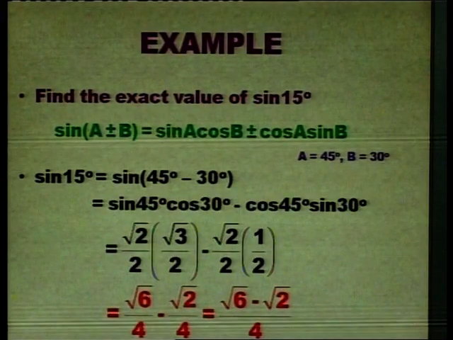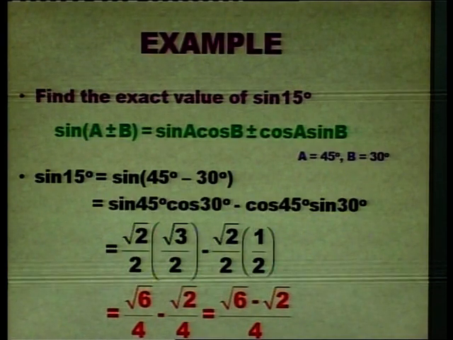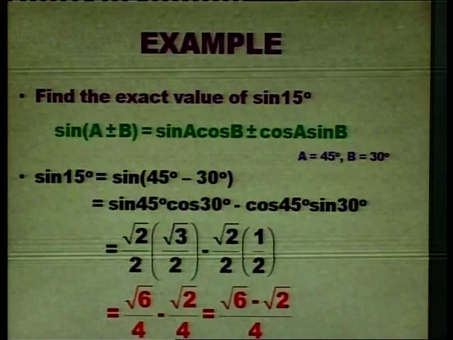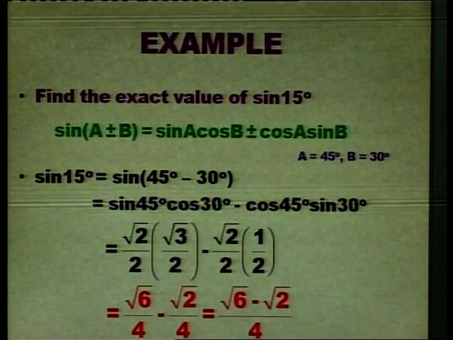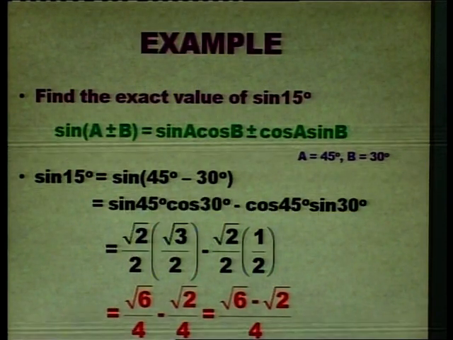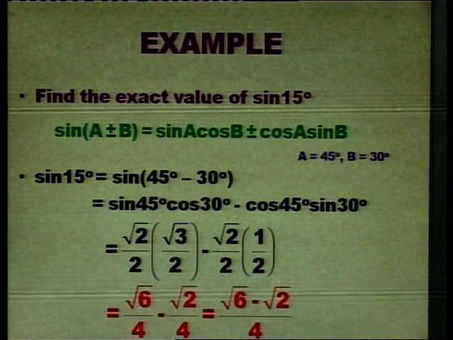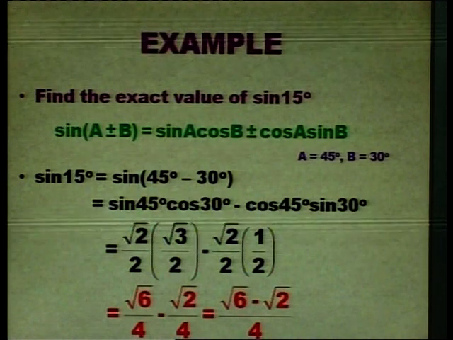So, it is not any hard and fast rule, but the rule is that for the angles A and B which you are choosing in the question, their sine and cosine must be available with you. So, I come back to sine 15 degrees, I can write it as sine of 45 minus 30.